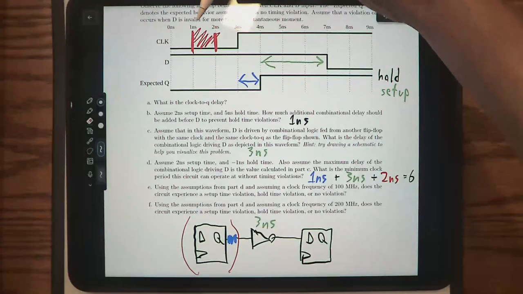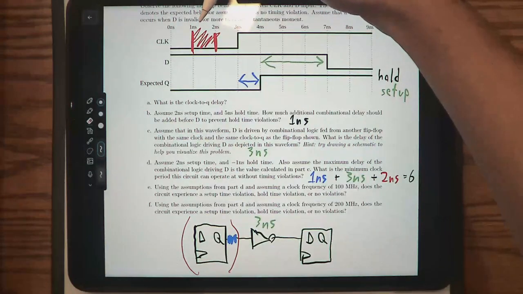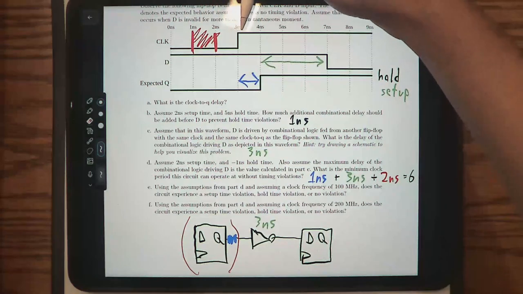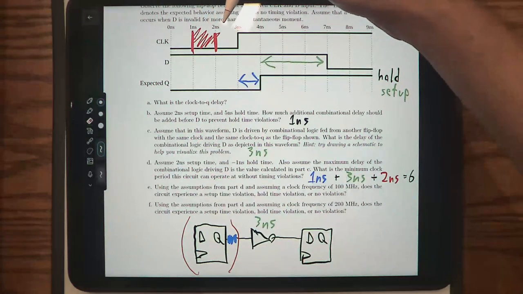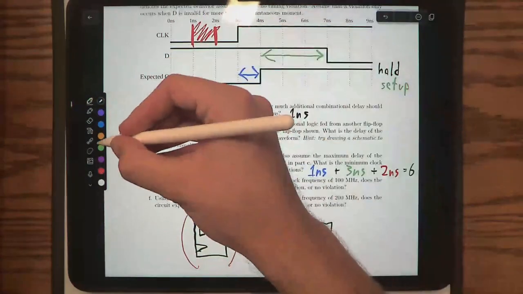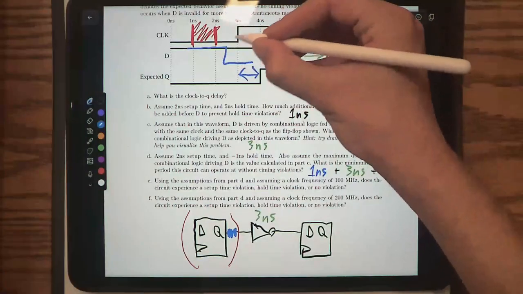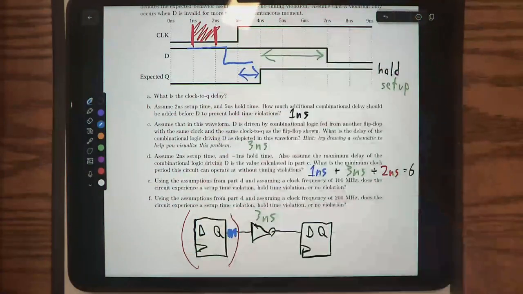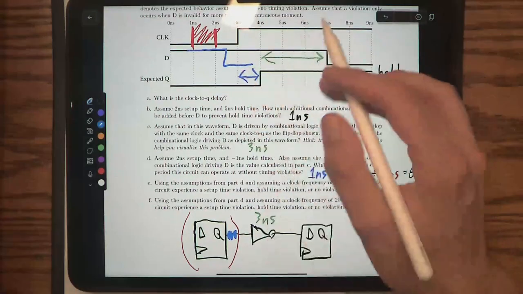Exactly. So even though we're saying make sure your signal is set up 2 nanoseconds before the clock edge, we actually don't need to hold it all the way until the clock edge. We can still pass setup time even if our value changes. If D changed right here before the clock edge, that still does not create a setup violation. Was that your question?